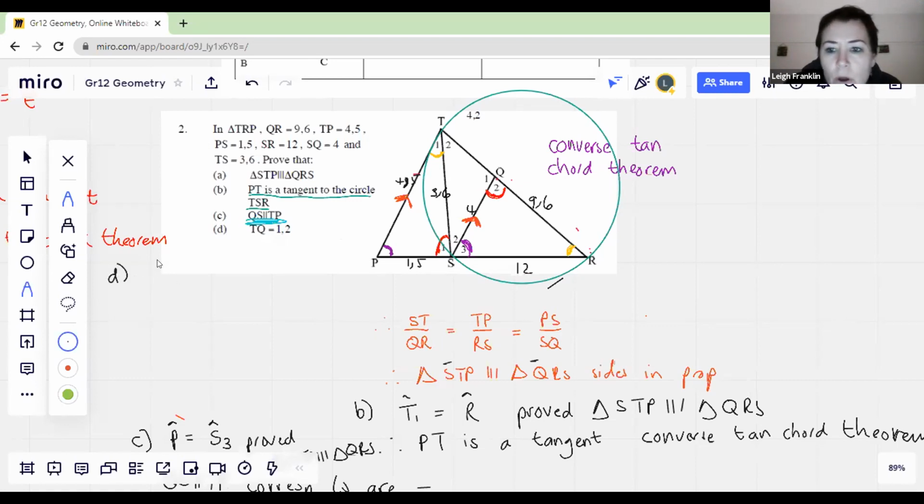RQ. Okay, so Chad has said something. What are you saying? RQ over TQ equals RS over SP.